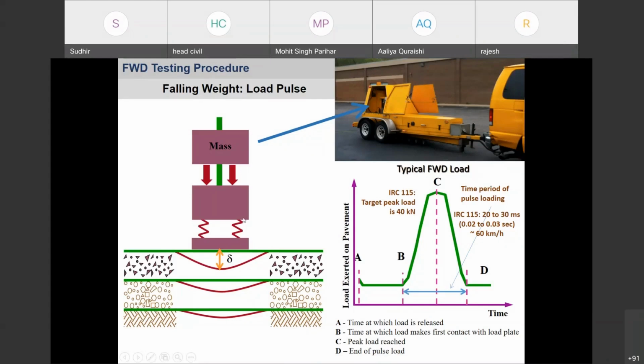These days, if you look at equipment, usually you'll see that the time period is around 0.03 seconds, 0.035 seconds. IRC 115 suggests that the target peak load should be 40 kilonewtons. If it is not 40 kilonewtons, the data should be normalized to 40 kilonewtons.